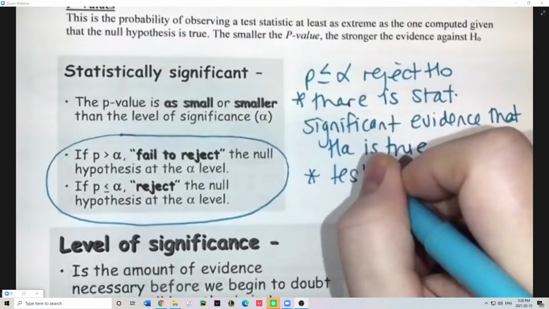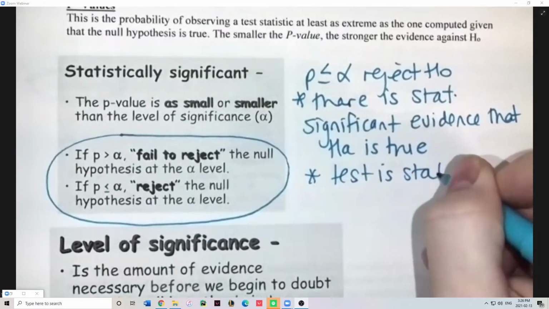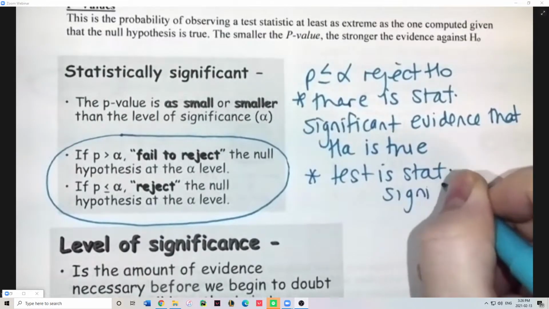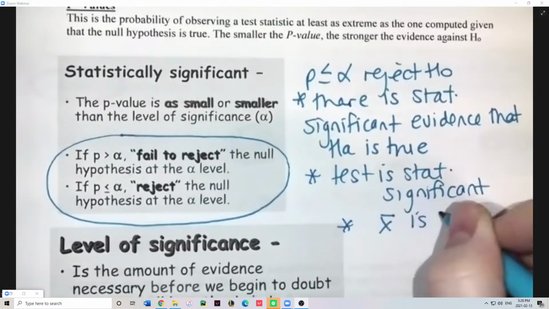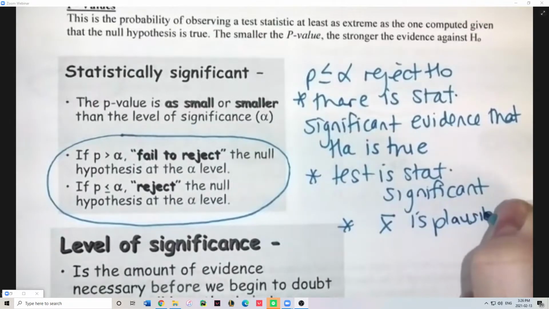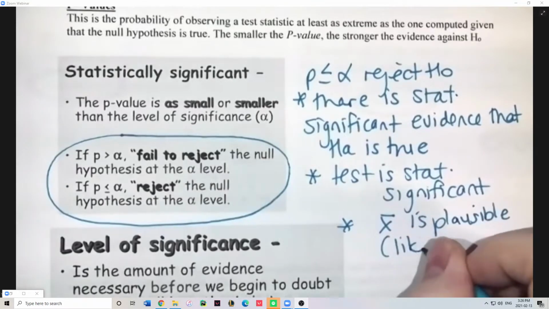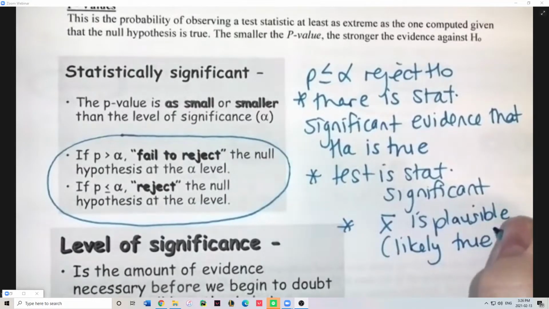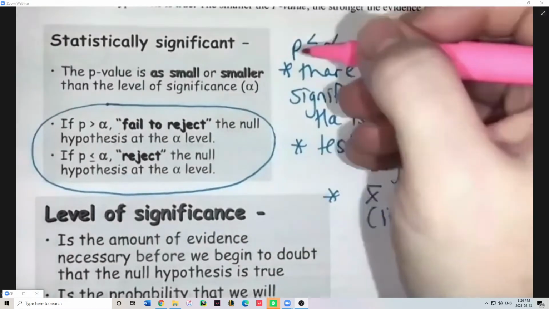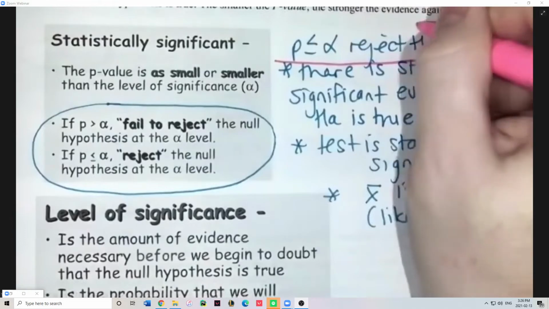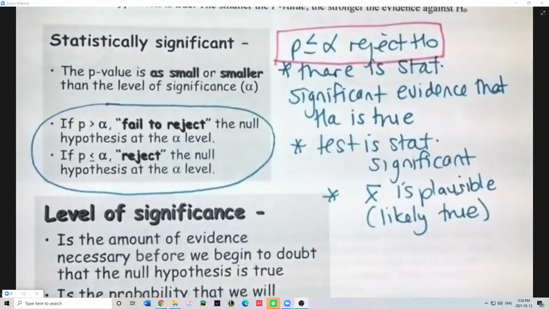So that means the test is statistically significant. And it means that X bar is plausible. In other words, likely to be true. So those are all kinds of conclusions that you can draw from saying p-value less than alpha, reject H naught.